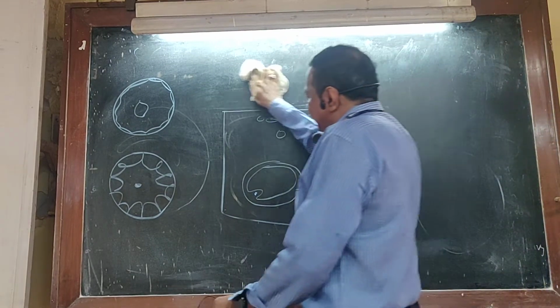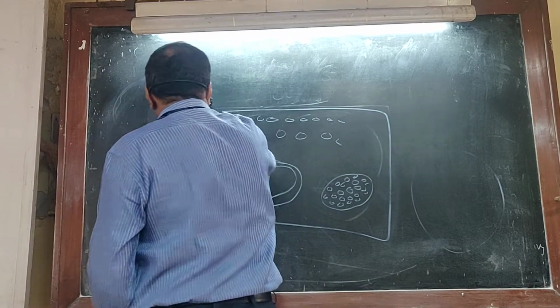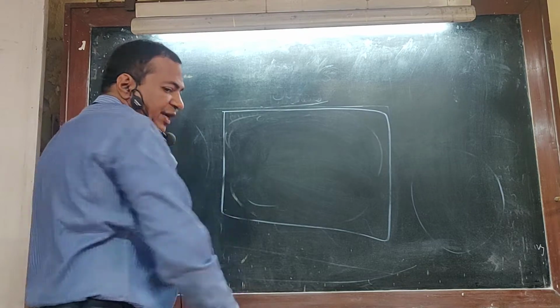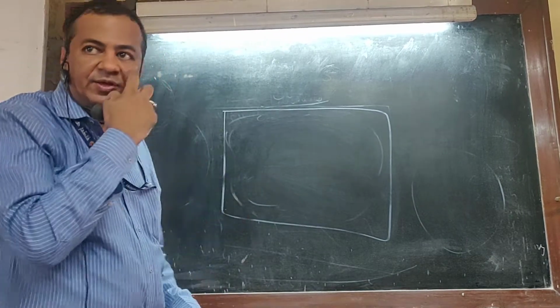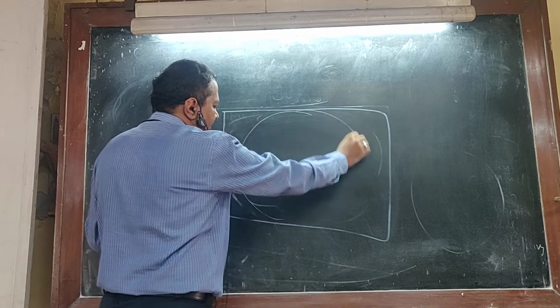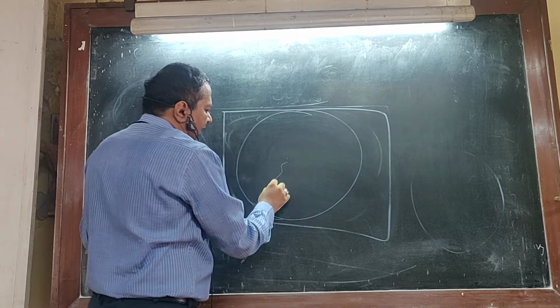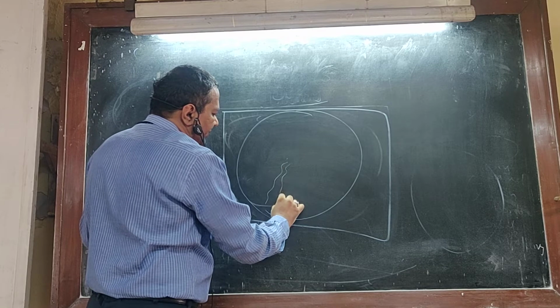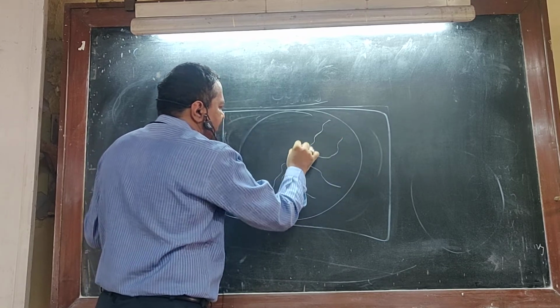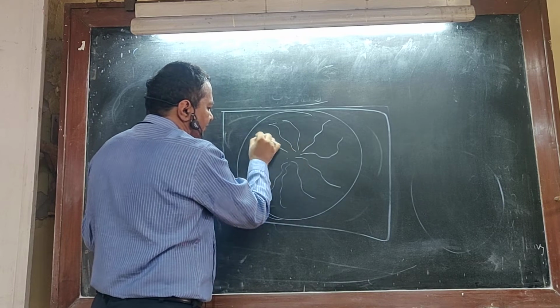The next slide, very easy, of the uterine tubes, where you see the lumen is almost going inside the tube.